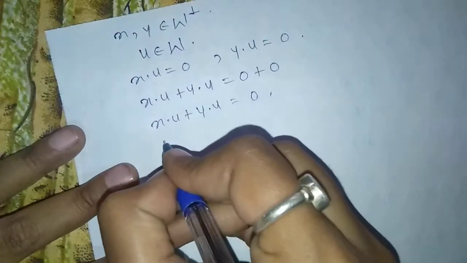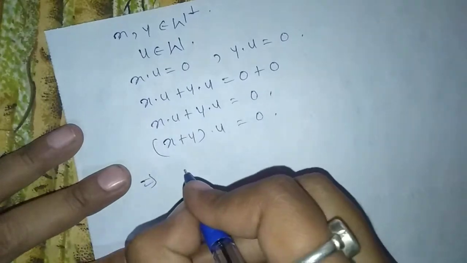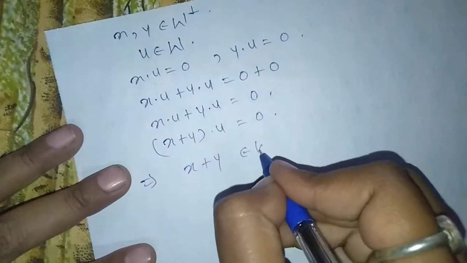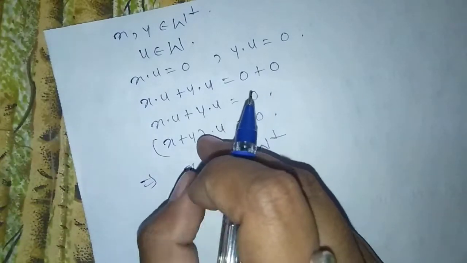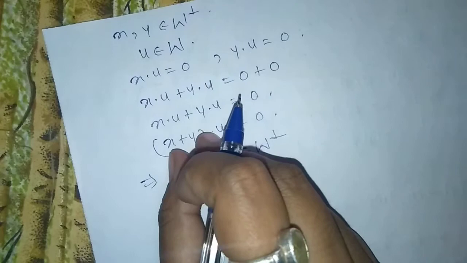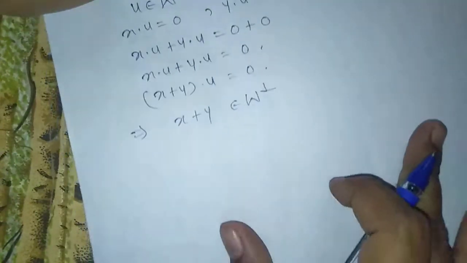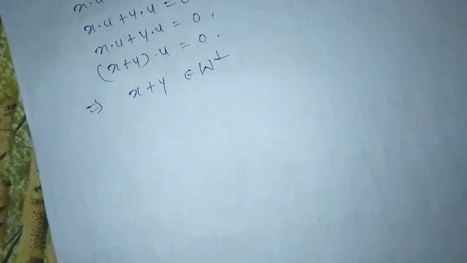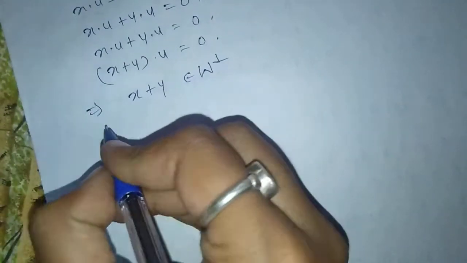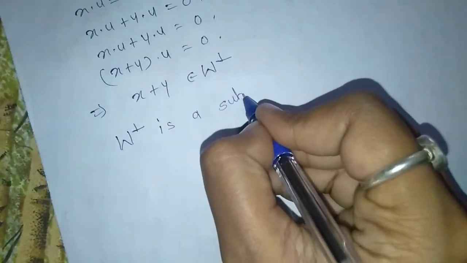Now take U common, we get (X plus Y) dot U is equal to 0, which implies X plus Y belongs to W complement, because U belongs to W and U dotted with this element is equal to 0. That's why X plus Y belongs to W complement. So W complement is non-empty, also closed under scalar multiplication and closed under addition. So W complement is a subspace of Rn.